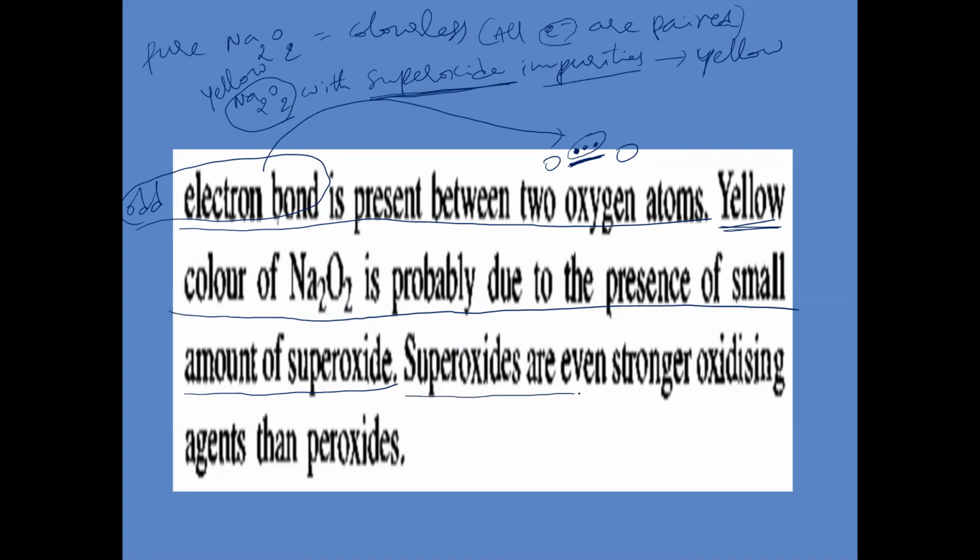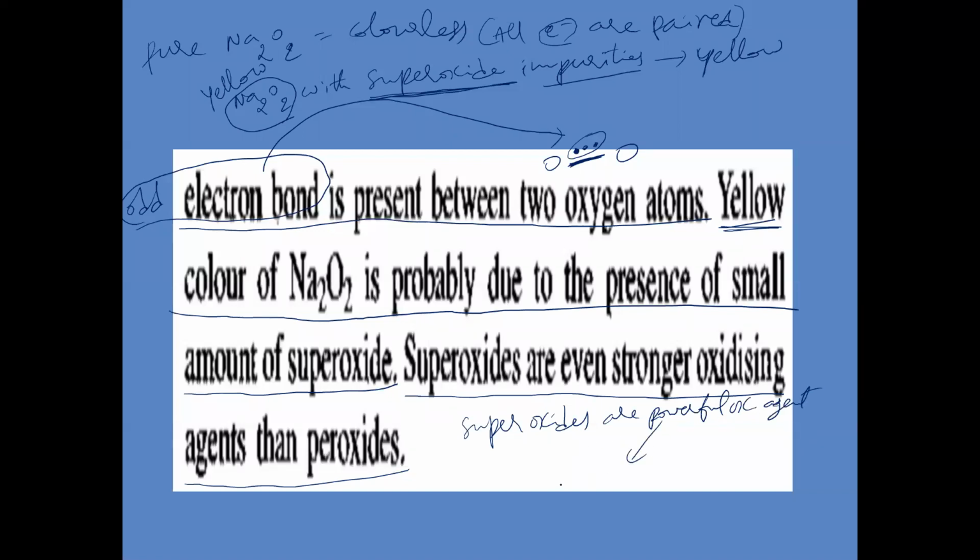And superoxides are even stronger oxidizing agents than what? Peroxides. Both are oxidizing agents only, superoxides and peroxides. Between superoxides and peroxides, which will be powerful oxidizing agents? Superoxides. So superoxides are powerful oxidizing agents. That means what now here?